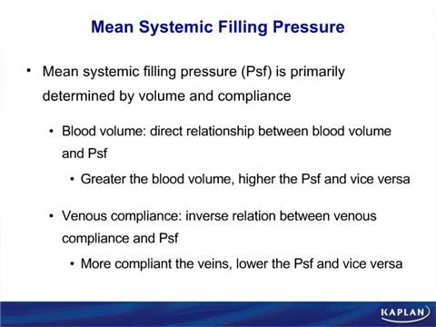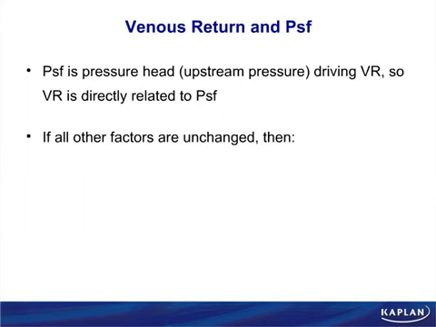Now, PSF is inversely related to venous compliance because that's the compliance for the systemic circulation. So the more compliant the veins, the lower the PSF. The less compliant the veins, the higher the PSF. All right, let's continue working with this concept. Since PSF is the pressure head driving venous return, venous return will be directly related to PSF.